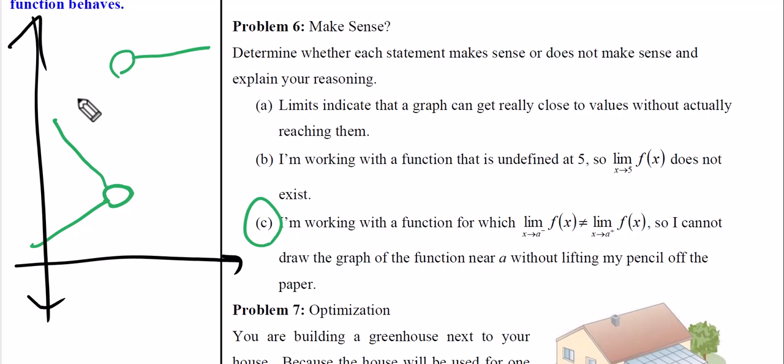That's not a function anymore anyway. I could draw it like right here. It's connected, and so from the left and from the right, I'm still going to be approaching the same thing. So if they are different from the left and from the right, I cannot draw the graph of a function without lifting my pencil. That makes sense. That is very true.